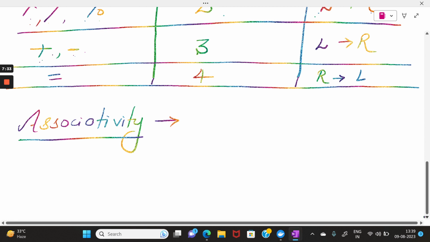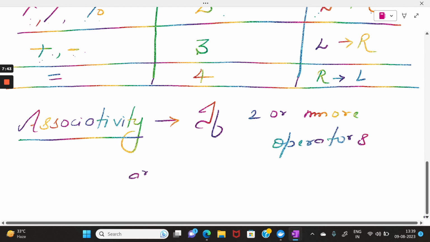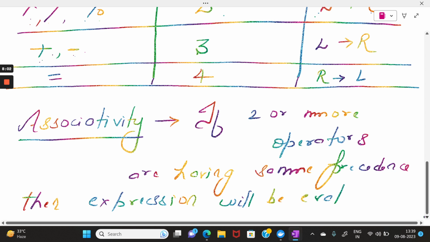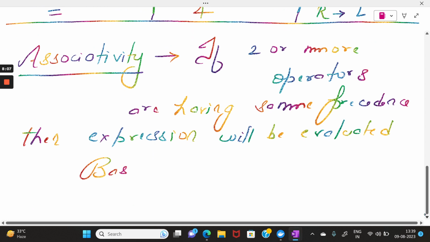But if two or more operators are having the same precedence, then the expression will be evaluated based on the associativity.